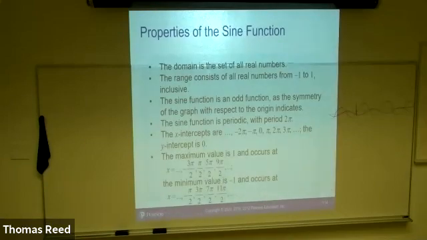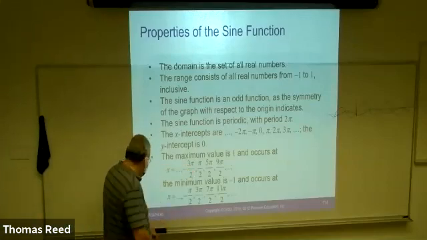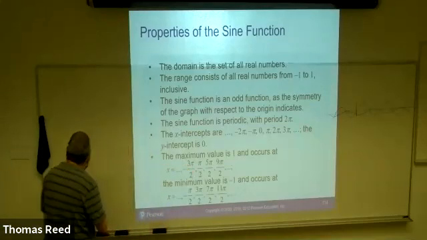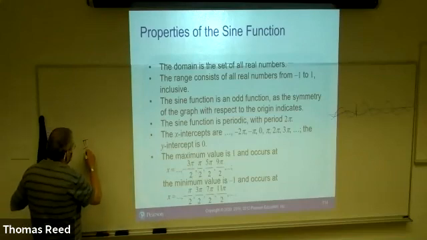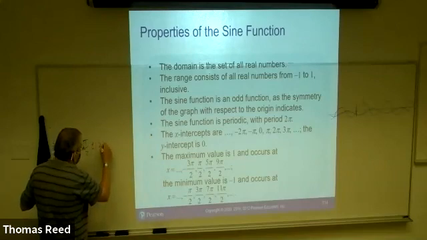I'm trying to remember, there's a formula for it. Plus or minus 2k pi, or 2 pi k. This one starts at pi over 2, so pi over 2 plus or minus 2 pi k.